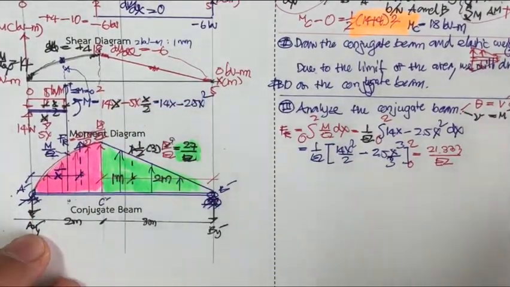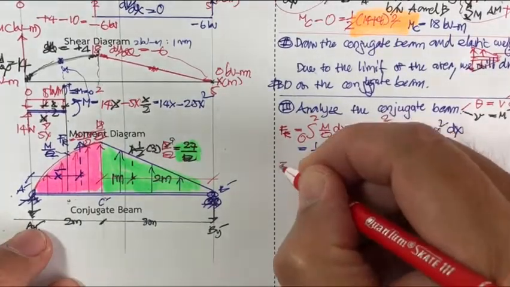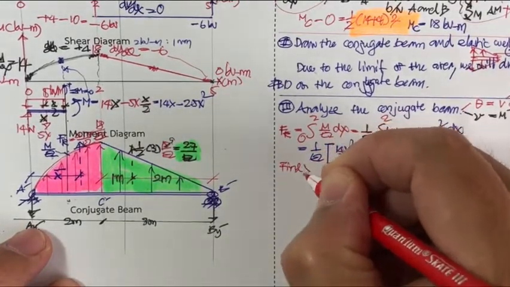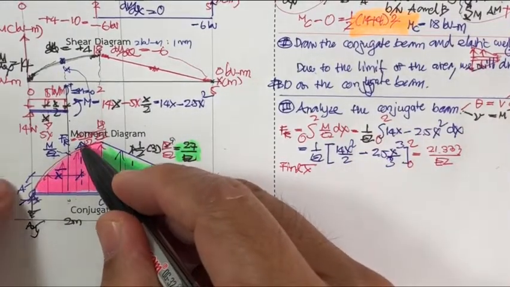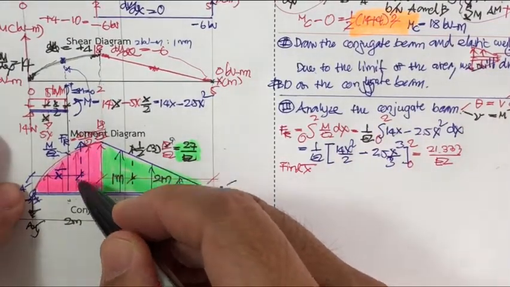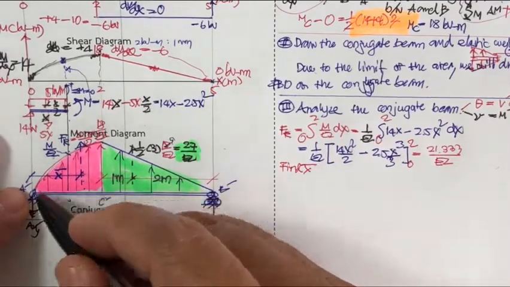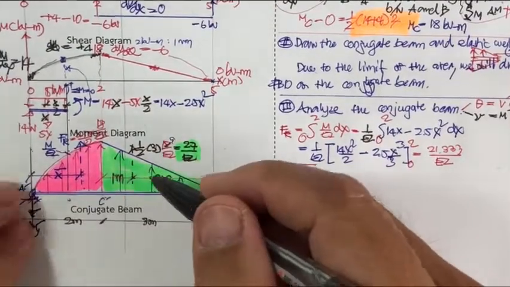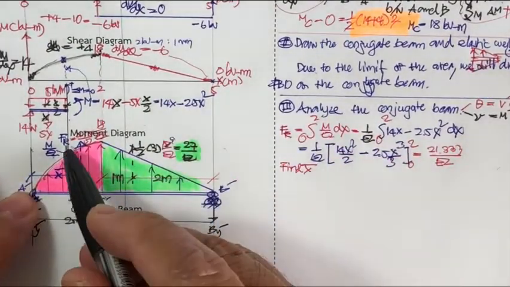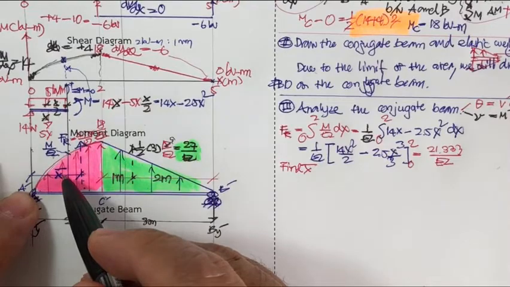Next, we're going to find x bar. To find x bar, that means you've got to find the moment of this area with respect to the reference point here. This one is F sub R times x bar.